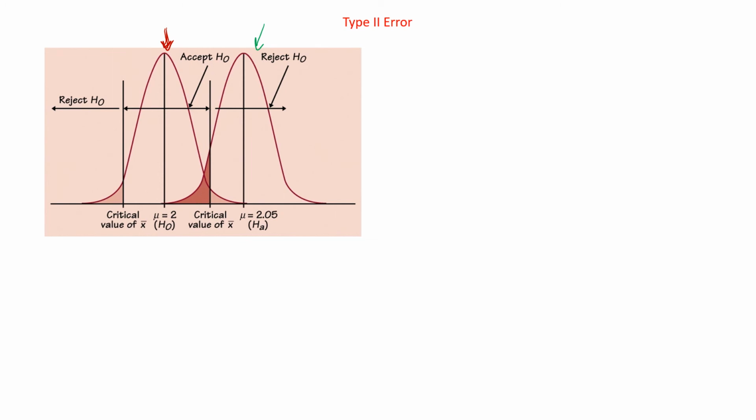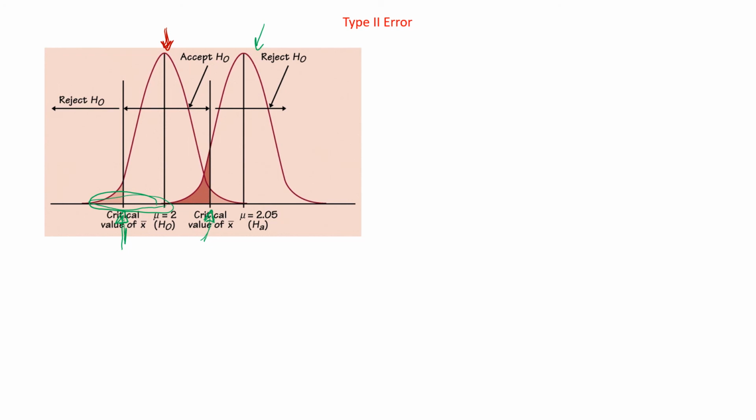And so to find this, we have to find the values that would cause us to reject the null hypothesis in our original curve. There's one on the top, one on the bottom because of the symmetry, but really only one of these is going to be used because this area for the second curve down here is 0 for all intents and purposes.